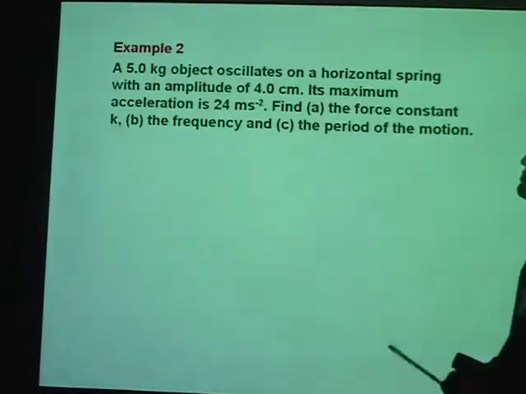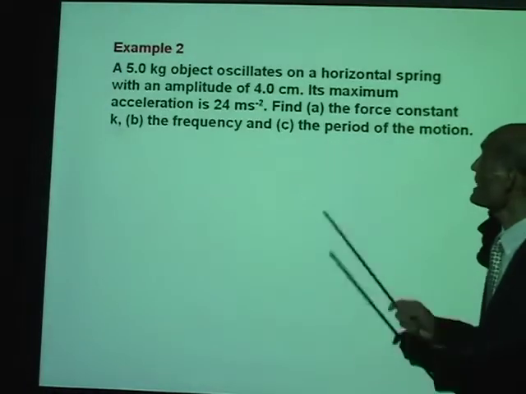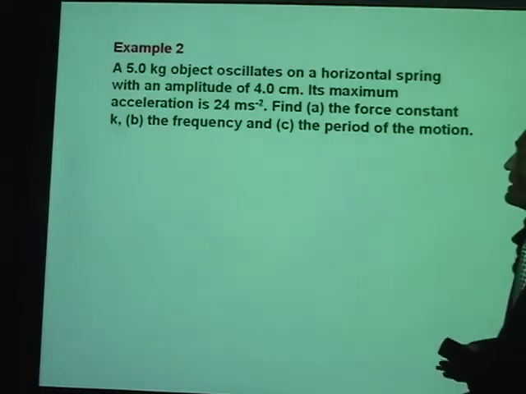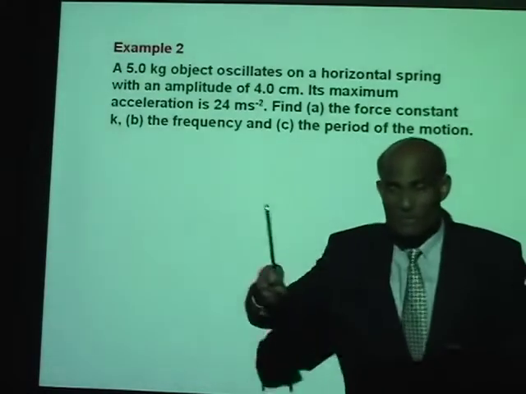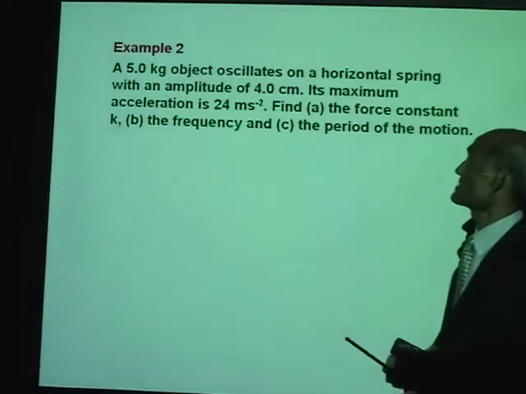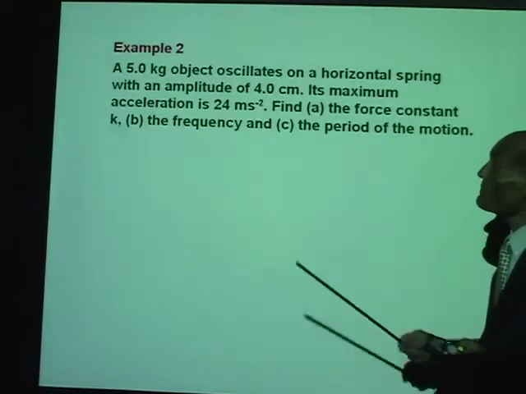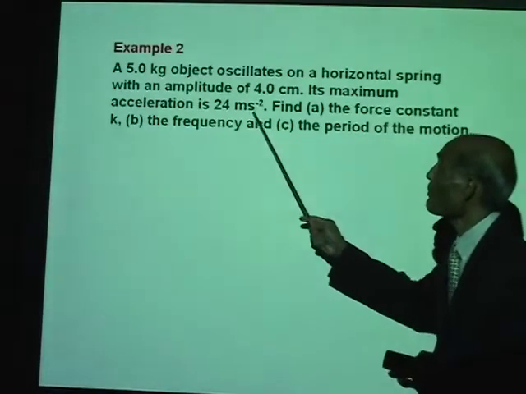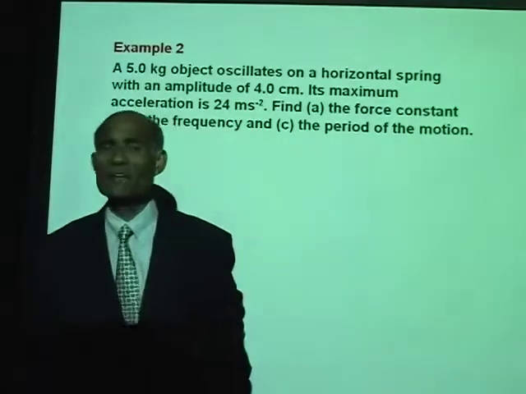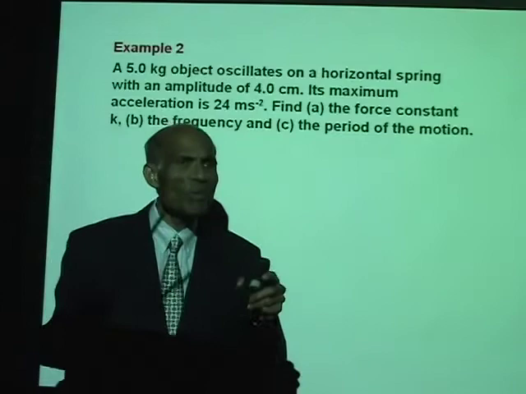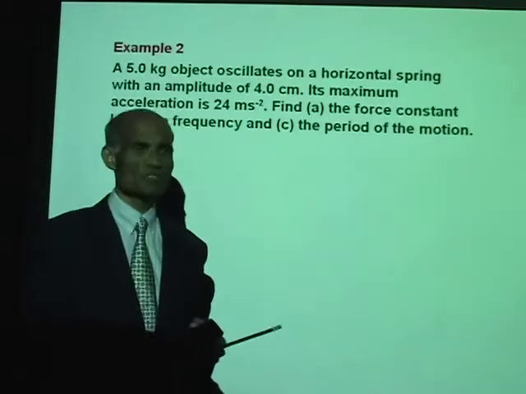A 5 kilogram object oscillates on a horizontal spring with an amplitude of 4 centimeters. Again, you have a horizontal spring oscillating. Its maximum acceleration is 24 meters per second squared. The moment you hear that, you must say, hey, I know an equation for maximum acceleration.